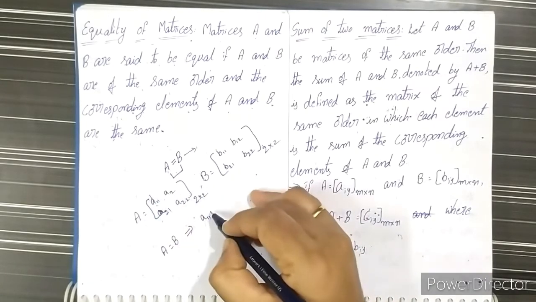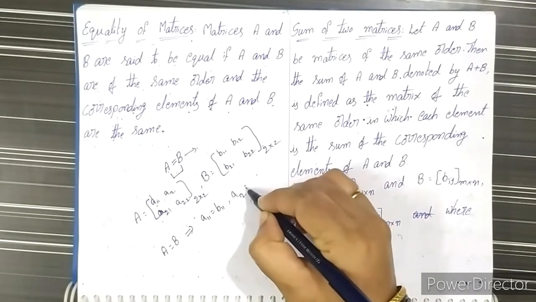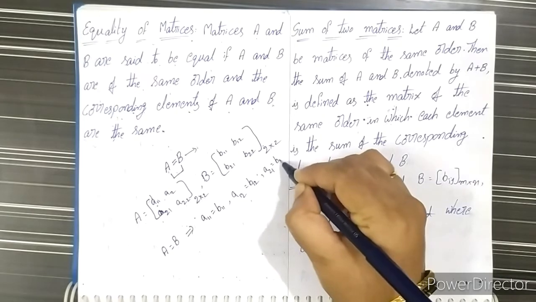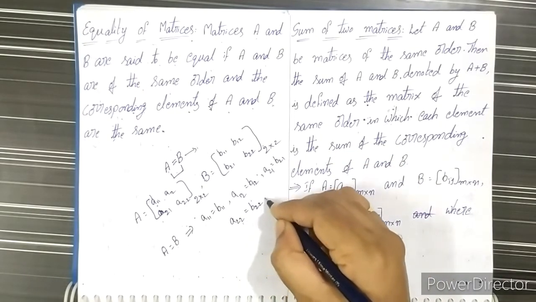Then A11 is equal to B11, A12 is equal to B12, A21 is equal to B21, and similarly A22 is equal to B22.